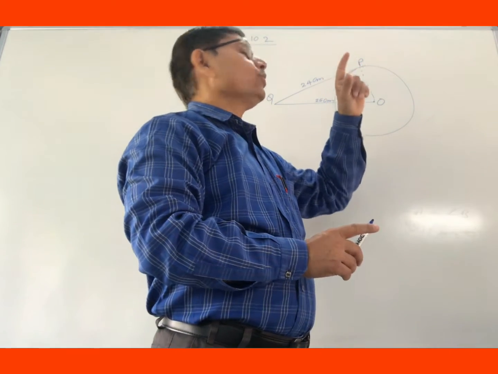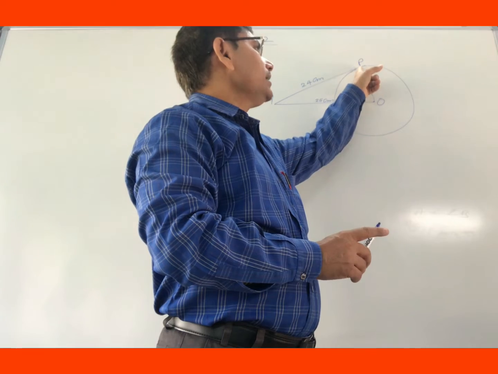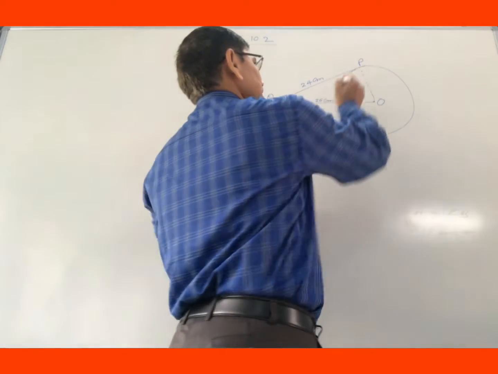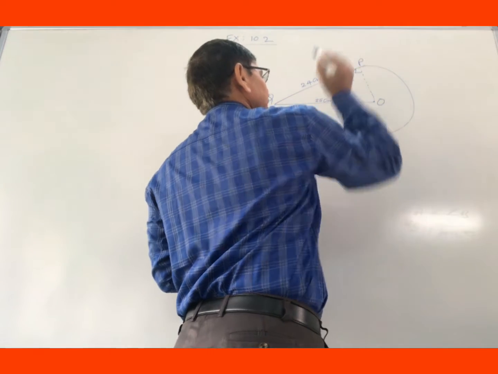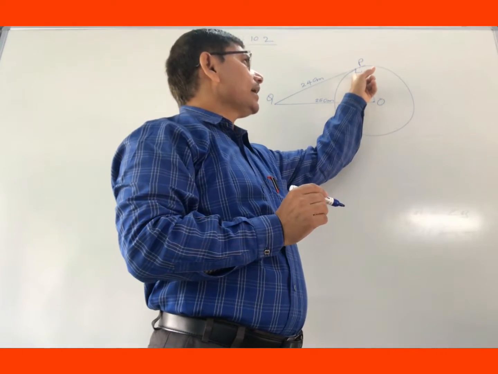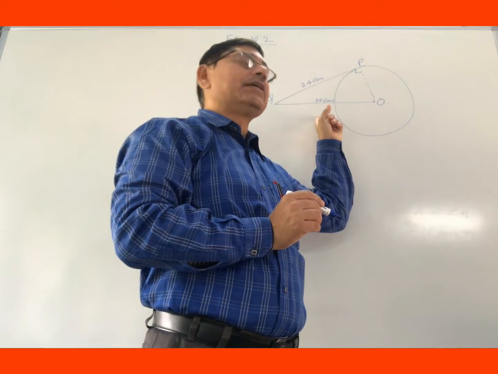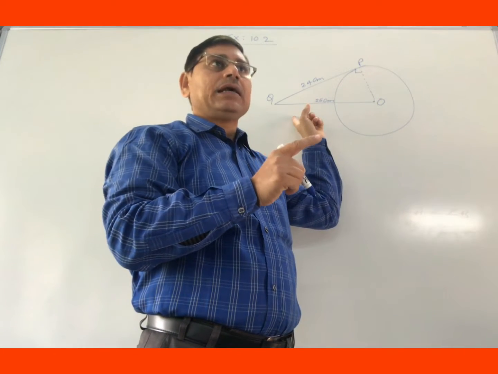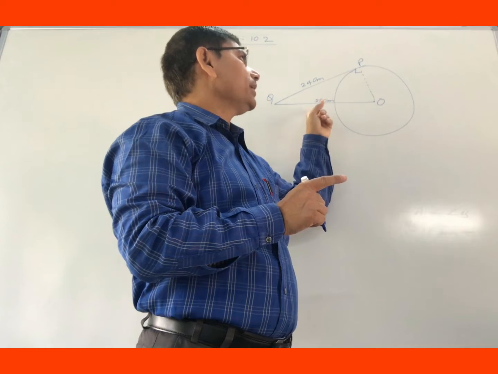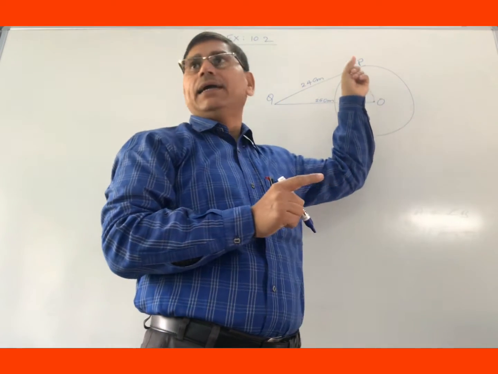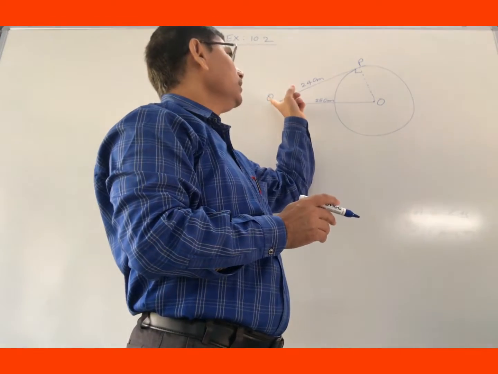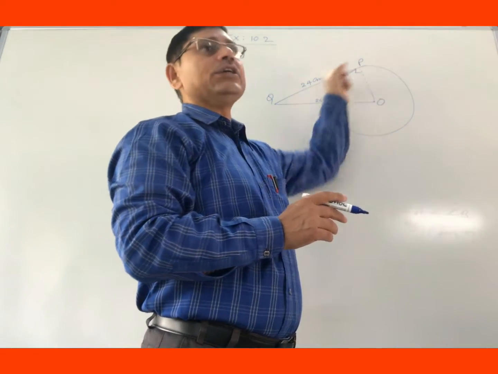Everybody knows that a tangent is perpendicular to the radius. It means this angle is 90 degrees, and if this angle is 90 degrees then OQ is the hypotenuse, and we can use the Pythagoras theorem in this right-angled triangle OPQ.